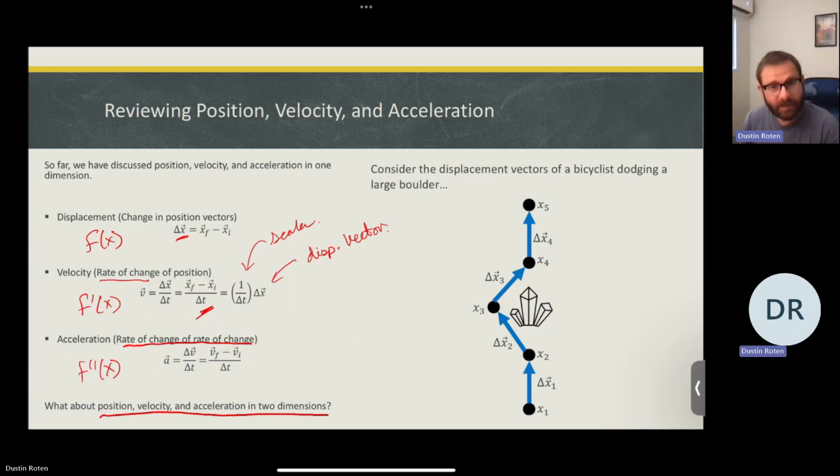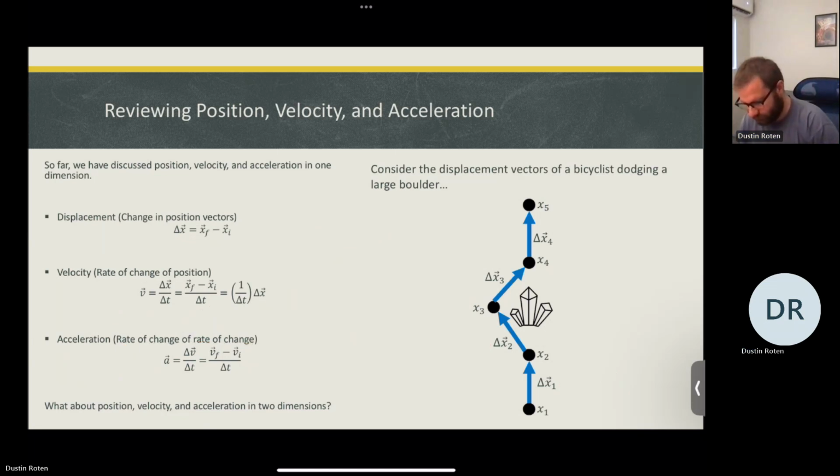You'll notice that we do have displacement vectors. This one is the final position, x2 minus x1. This one here is going to be x3 minus x2, and so on and so forth. We could go on up through here. Just remember that these are intermediate displacement vectors, not a final minus initial.